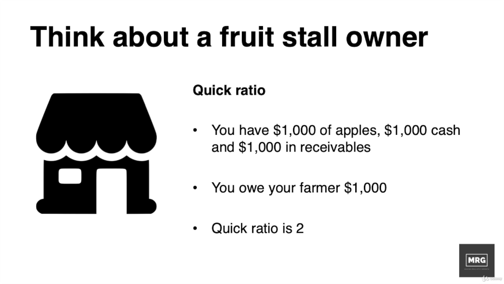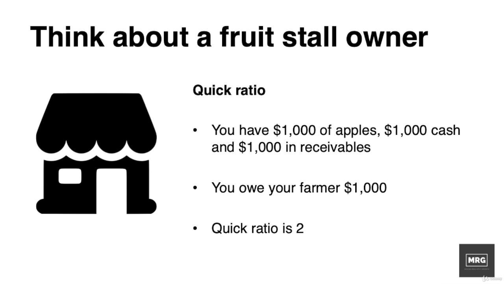In the example of being a fruit store owner, let's say we have $1,000 worth of apples, $1,000 worth of cash, and $1,000 worth of receivables. Receivables, again, are the sales that you have made, but you have yet to receive the money from your customer.